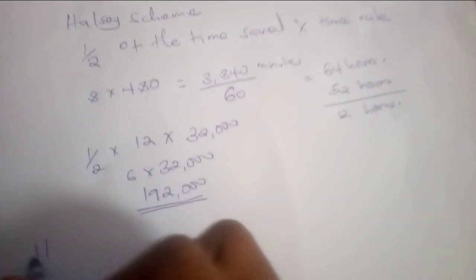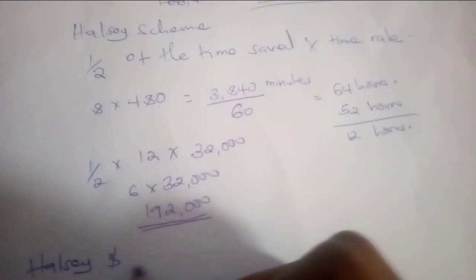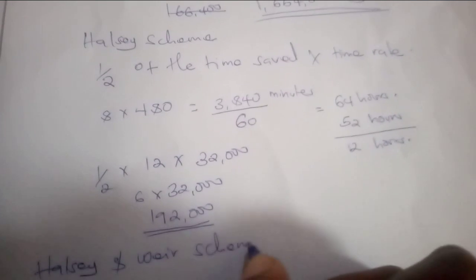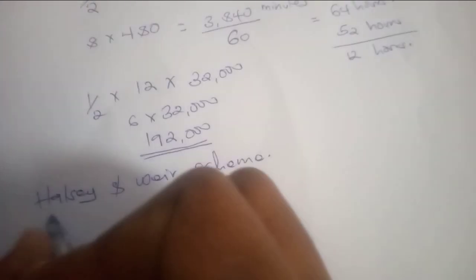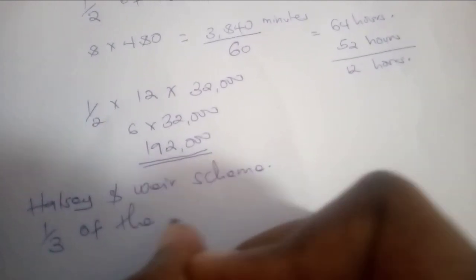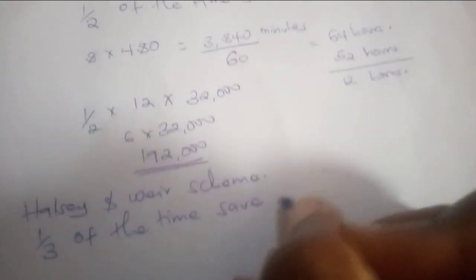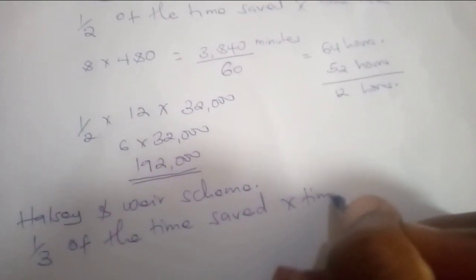Then the Halsey-Weir scheme. For this we said we get a third of the time saved times the time rate.